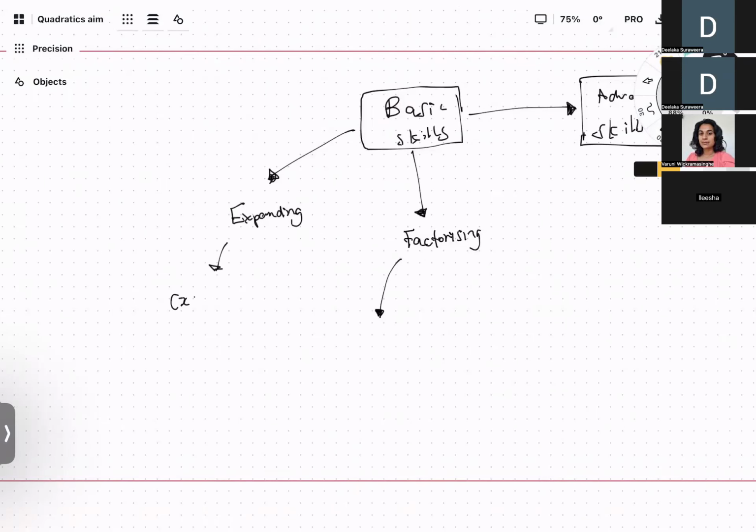If I give you an expression like this, I want you to use the distributive property and expand this out. X times x is x squared, x times 7 is 7x. So that's expanding. And actually, let me do the answer. X squared plus 10x plus 21.